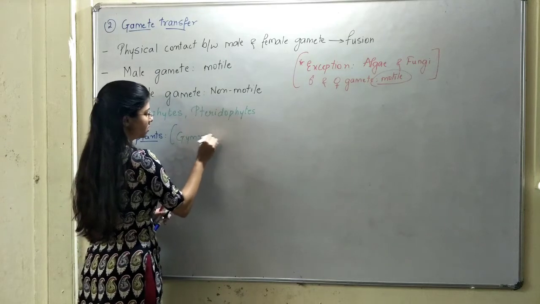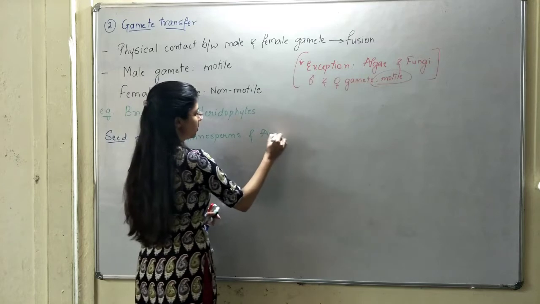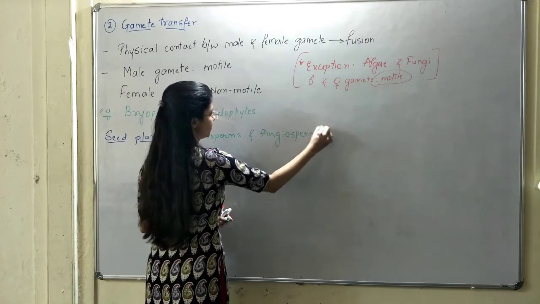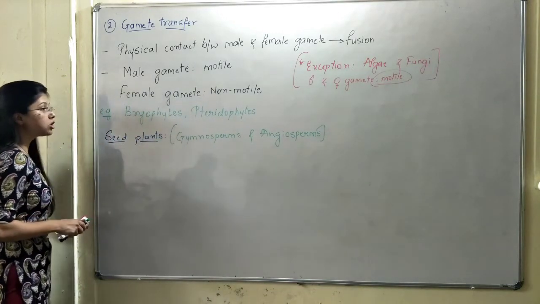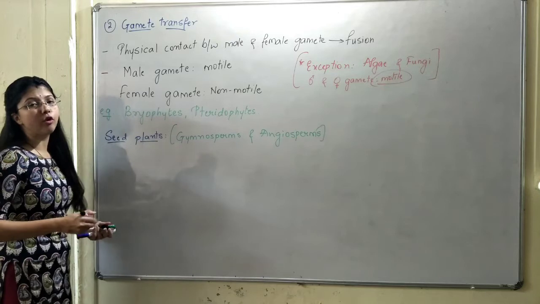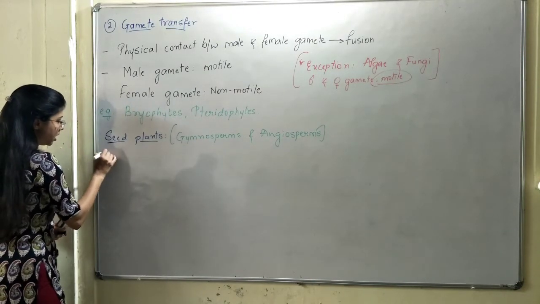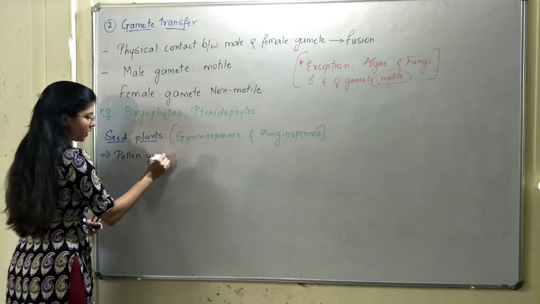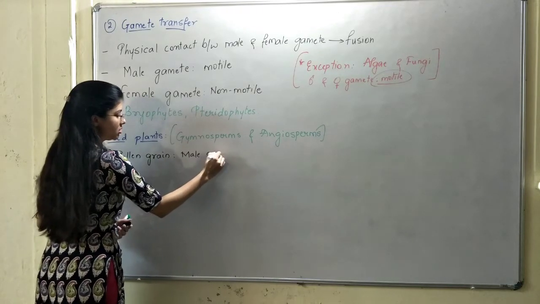Gymnosperms and angiosperms will be called the seed plants. In seed plants, there are special structures responsible for carrying the gamete. Pollen grain is a structure which carries the male gamete.